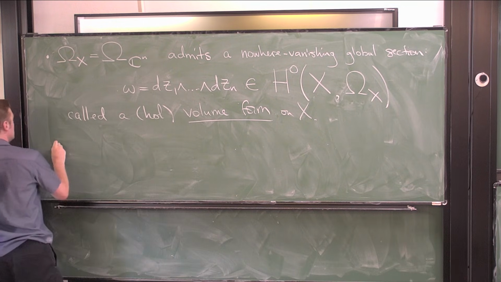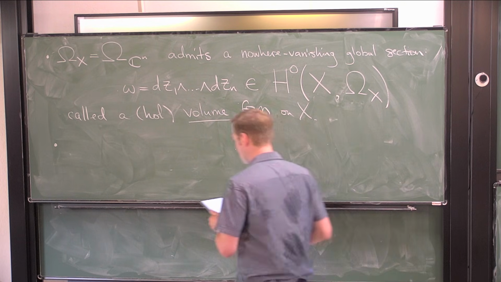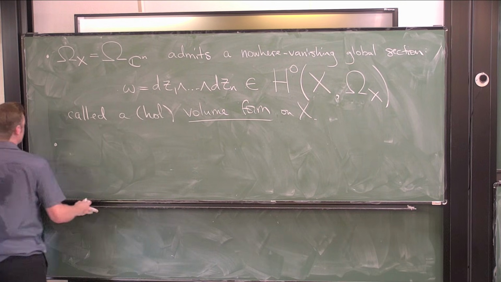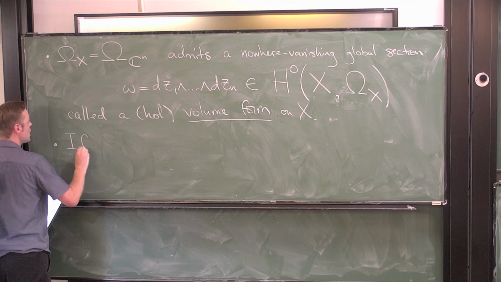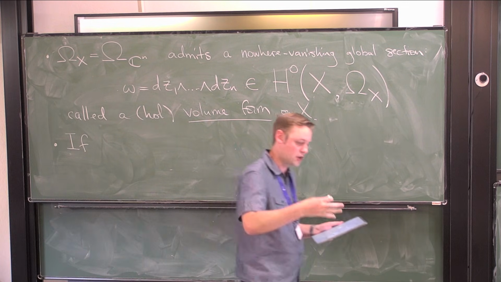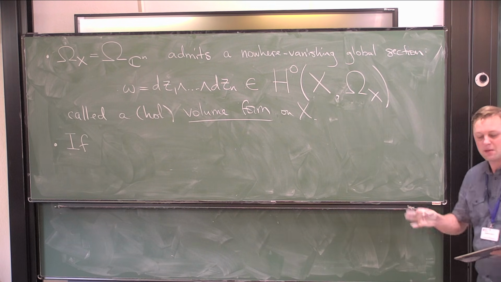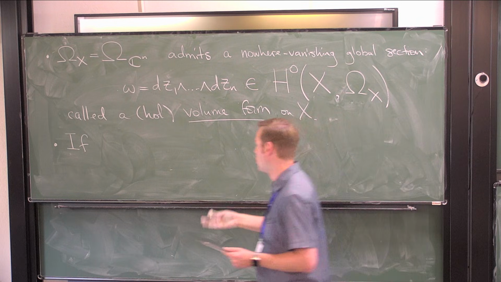Right, okay. So let's talk a little bit more about this volume form. What happens if I change coordinates? I have C to the n and it has a canonical coordinate z, right? That's how I start. But now suppose I change a coordinate.